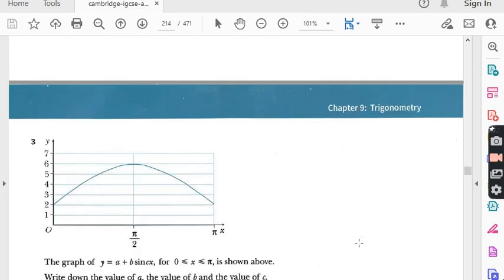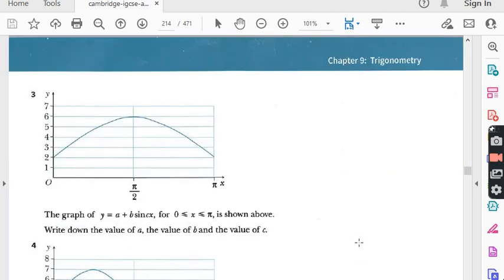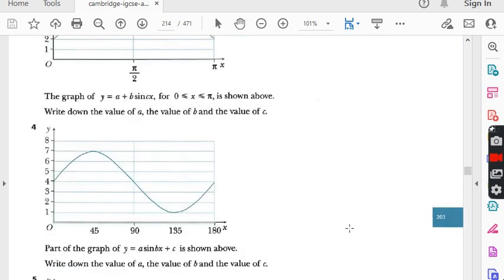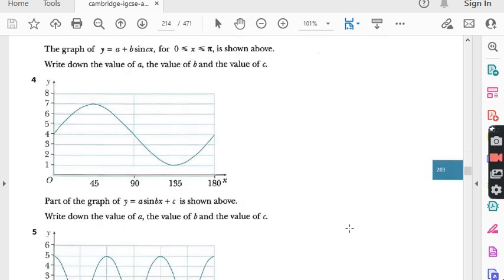In question number 3 the graph of sine is given and we have to find the values of constants a, b and c. We did this question successfully. Question number 4 is related to the sine graph, again we find the values of the constants a, b and c.